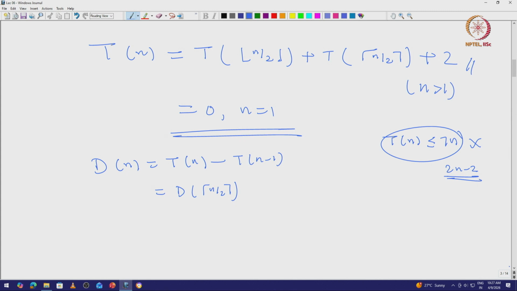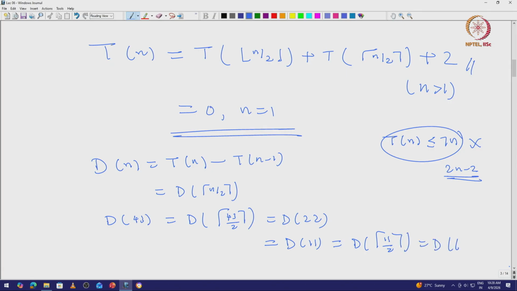The difference. I know that d of n is the same as d of ceil n by 2. Let us say, what is d of 43? D of 43 is the same as d of ceil 43 by 2, which is d of 22. D of 22 is the same as d of 11. D of 11 is the same as d of ceil 11 by 2, which is d of 6.